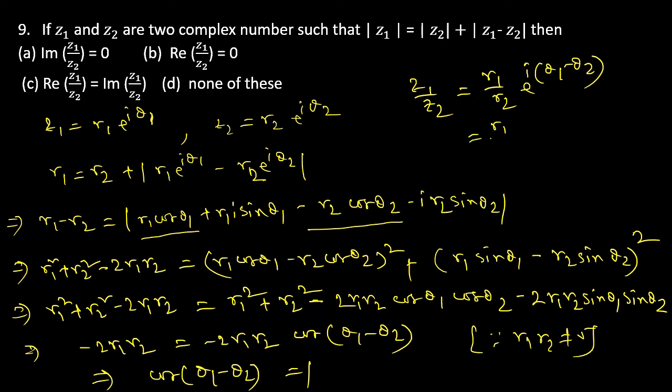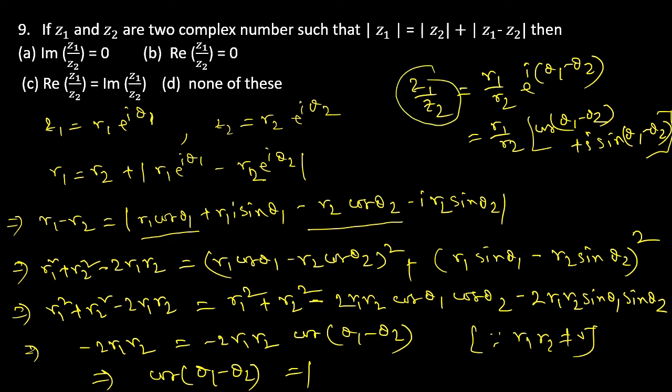It means R1 by R2 times (cos (theta 1 minus theta 2) plus i sin (theta 1 minus theta 2)). If cos (theta 1 minus theta 2) is 1, then sin (theta 1 minus theta 2) will be 0. So imaginary part of Z1 by Z2 must be 0. So this option is correct.